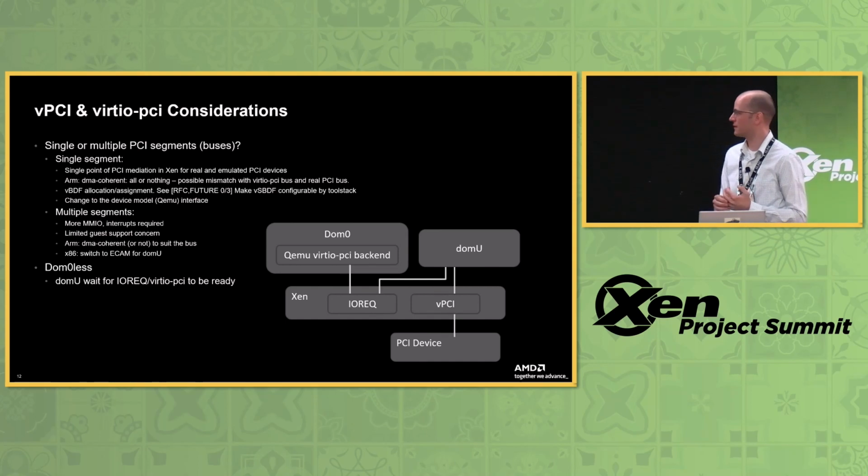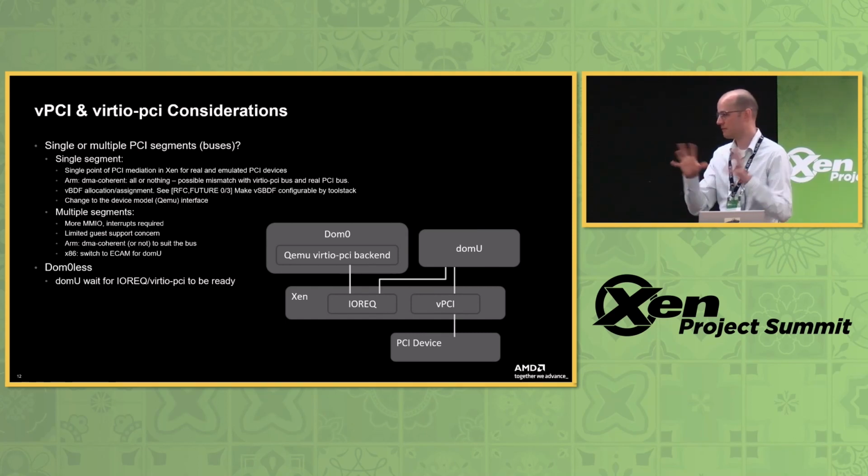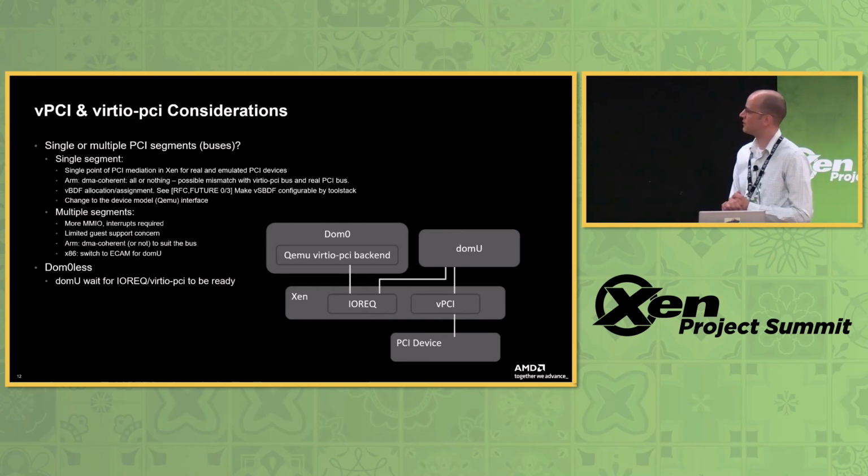But if our PCI bus does snoop the caches, then all good. We just put this dma-coherent property in our device tree, and then we are coherent. For virtio-pci, we can assume that we are always DMA coherent, but not so for a real PCI bus.